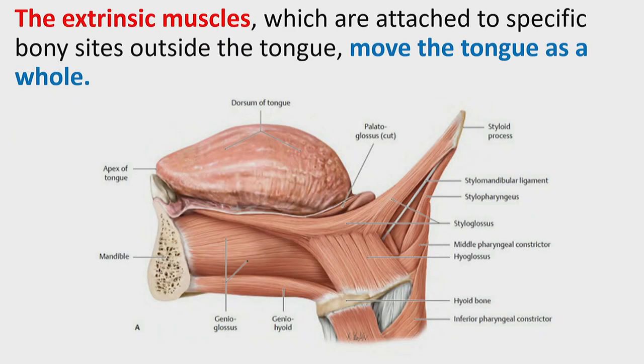So the extrinsic muscles, we are going to start with first. These are muscles that, as we said, attach to a specific bony site outside of the tongue and are inserted into the tongue. Generally, the function of the extrinsic muscles is moving the tongue as a whole. You move the tongue upward, downward, retract it backward, protrude it outside.